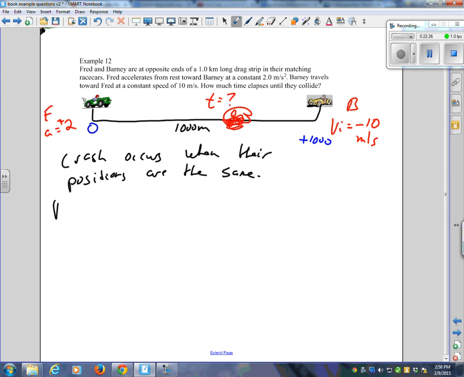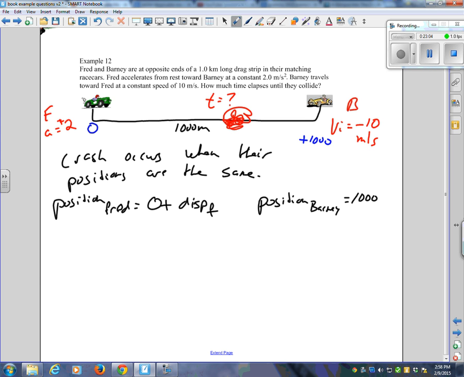Now, position Fred is equal to 0 plus displacement Fred, DISPF. Position Barney is what? 1,000 plus displacement.